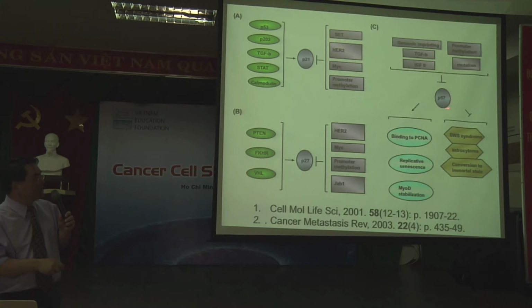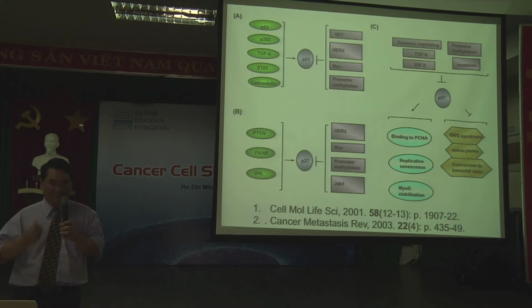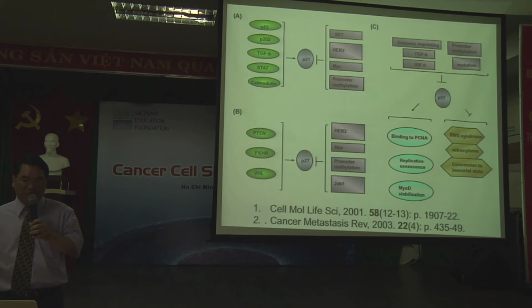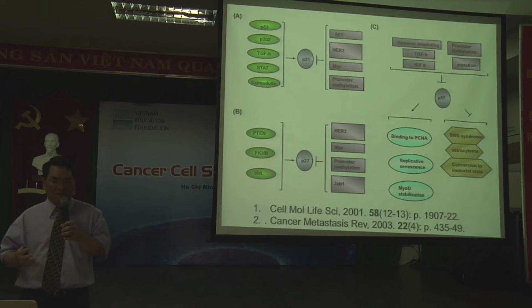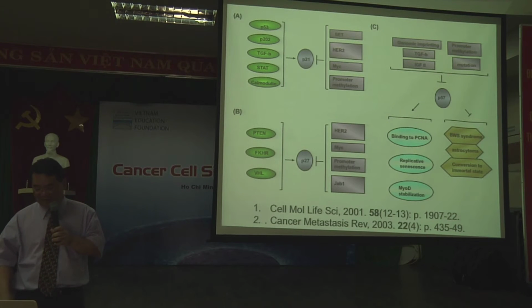So you could see the cancer cell has different mechanisms to cause the inactivation of the CIP/KIP family or the INK4 family. P57 does almost the same thing as P27. It is regulated by TGF-beta, suppressed by IGF-2, and by promoter methylation, and another way is called genomic imprinting. Genomic imprinting is able to suppress P57 expression.